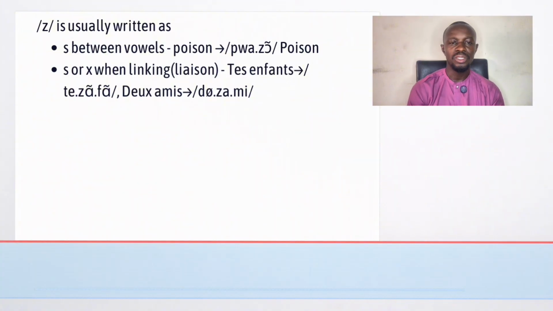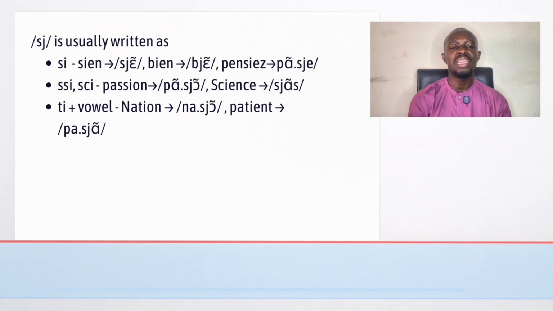All right, let's continue. For us to understand the sion very well, these are words you're going to see. If you see T and I followed by a vowel, you pronounce it as sion. For instance, we have sien, bien, pensier. Also, if you see a double S and I, or SC and I, you pronounce that sion.